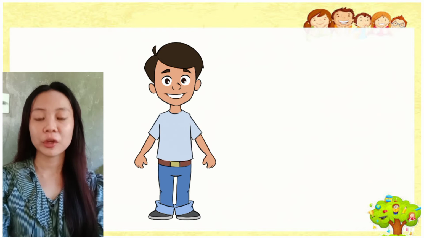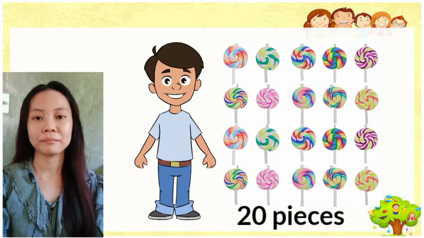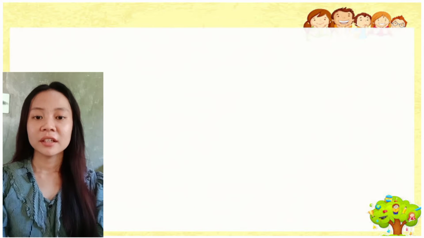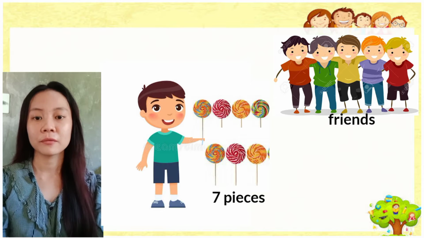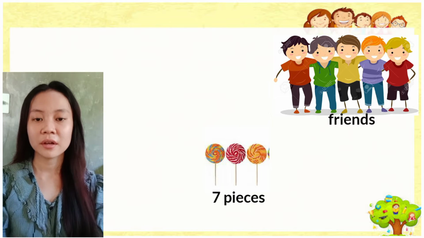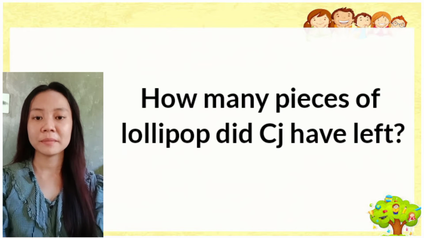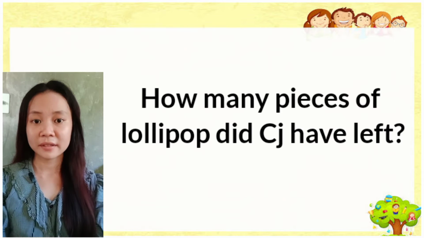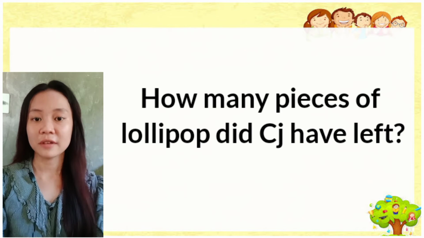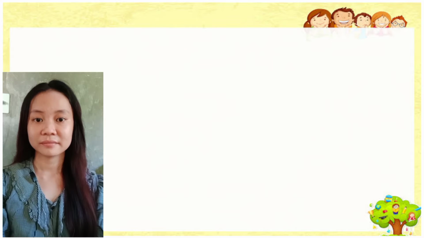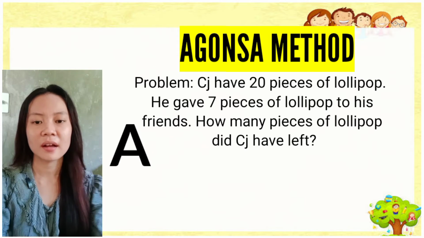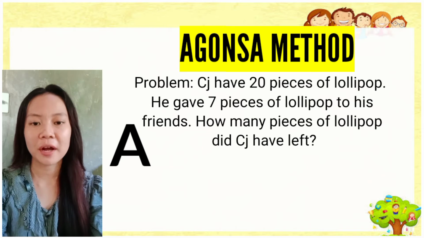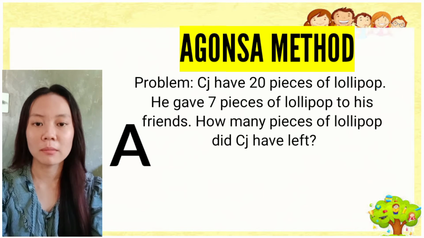CJ has 20 pieces of lollipop. And then, he gave 7 pieces of his lollipop to his friend. So, how many pieces of lollipop does CJ have left? First thing to do, kids, is let us identify what is asked in the problem.